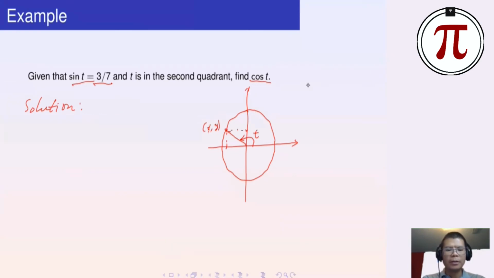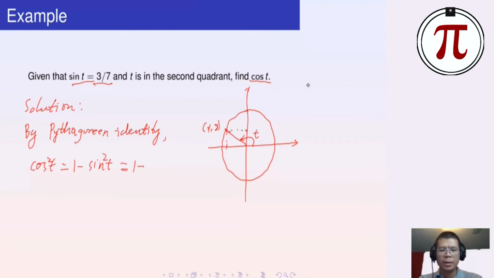By the Pythagorean identity, we have cosine of t squared equals 1 minus sine squared, which equals 1 minus 3 over 7 squared, right?